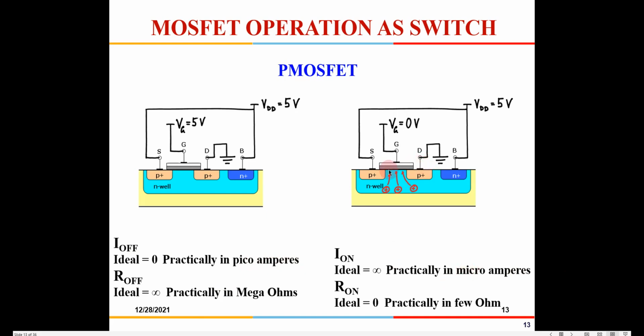And similarly, when the switch is closed, immediately the drain and source potential will not come to the same value. Current will slowly flow in a restricted manner between the drain and source. And the source current or the drain current will be dependent on various parameters of the transistor in use.